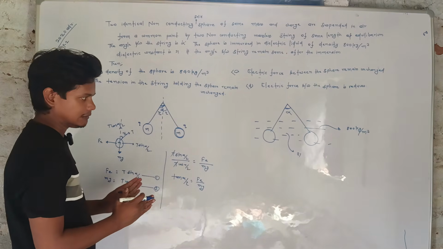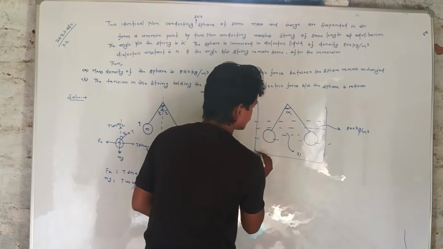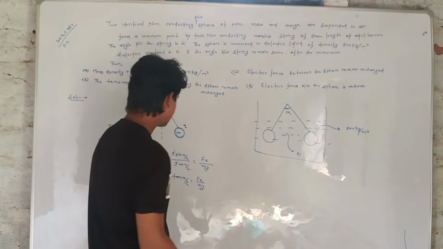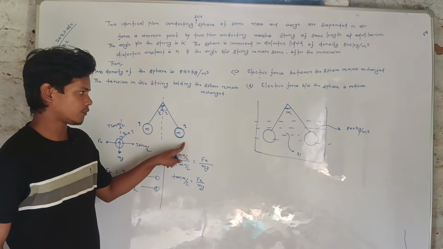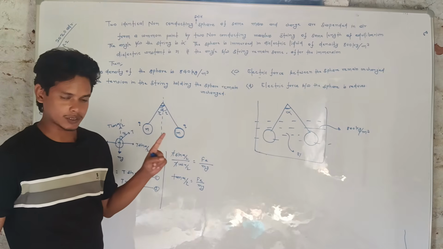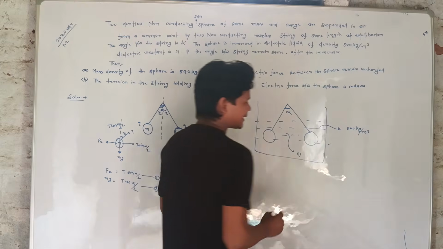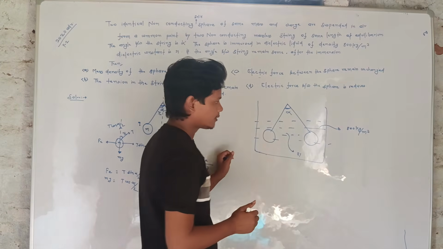Now we look at the same condition in the second scenario. In air there is no buoyancy force, but in liquid one extra force acts on the sphere, named the buoyant force, and that acts vertically upward.